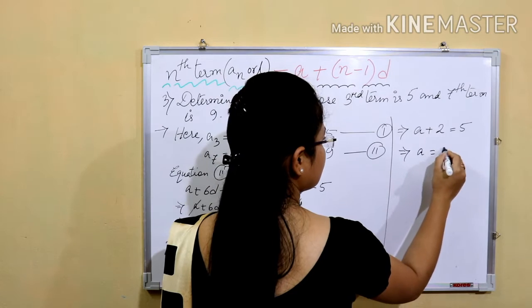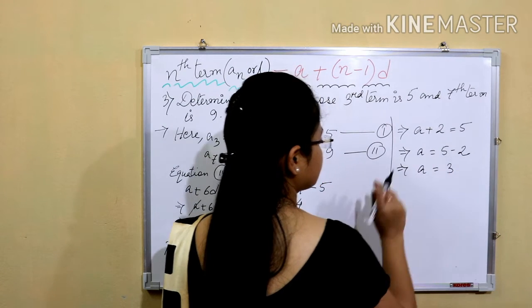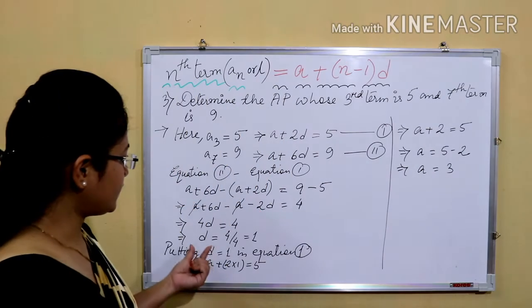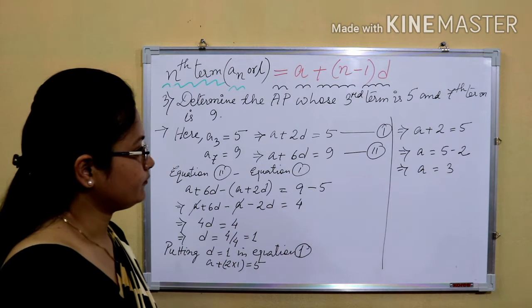That means A equals 5 minus 2. So we got the A value as 3. We got D as 1 and A as 3.